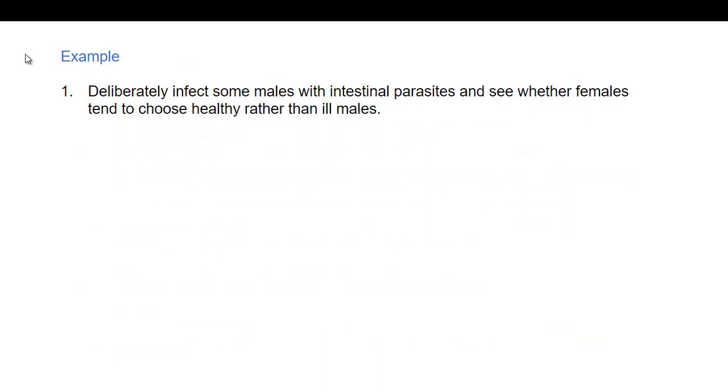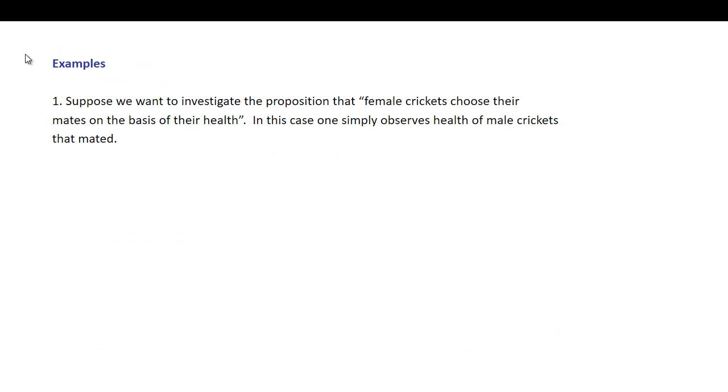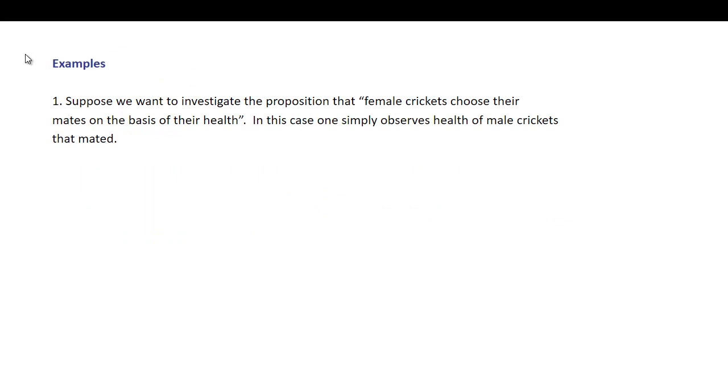Some examples. Remember the example where we were investigating whether female crickets choose their mates on the basis of their health. One way to do an investigation here is simply to observe the health of male crickets that mated. That would be an observational study.